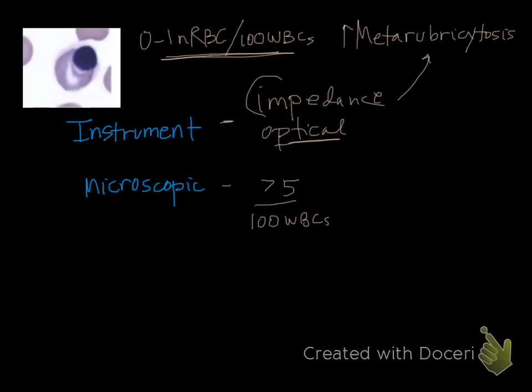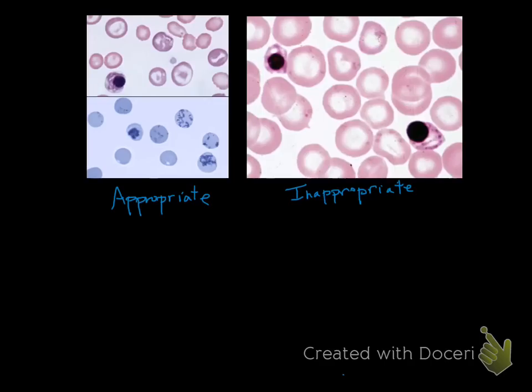So metarubricite numbers, nucleated red cell numbers, can be an appropriate response when seen with regeneration, or they can be inappropriate. So we see appropriate and inappropriate metarubricitosis, and I'm going to talk about that next. One thing that's really important to realize is that the presence of metarubricites does not equal regeneration.